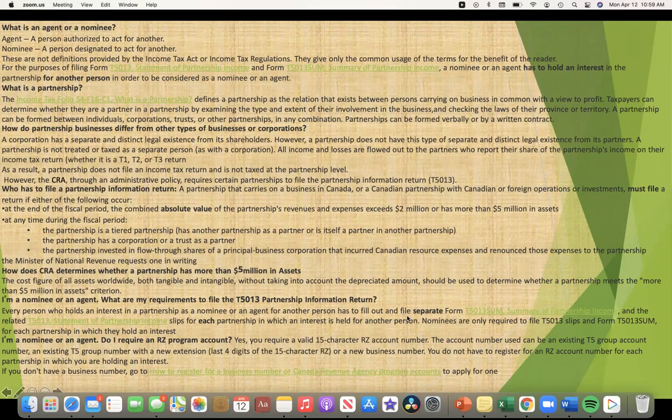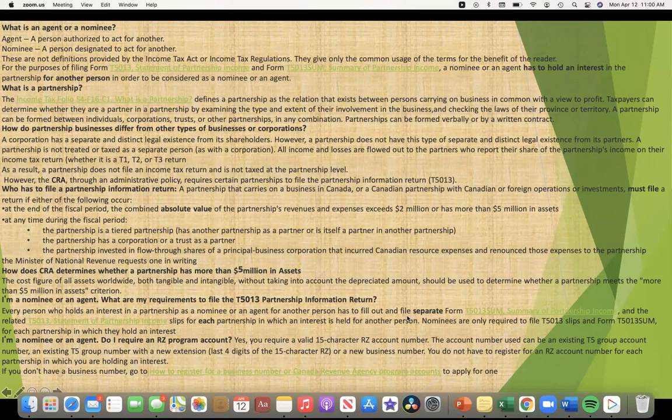So taxpayer can determine whether they are partner in a partnership by examining the type and extent of their involvement in the business and checking the laws of their province or territory. A partnership can be formed between individual, corporation, trust, other partnership in any combination. So partnership can be formed verbally or by written contract.